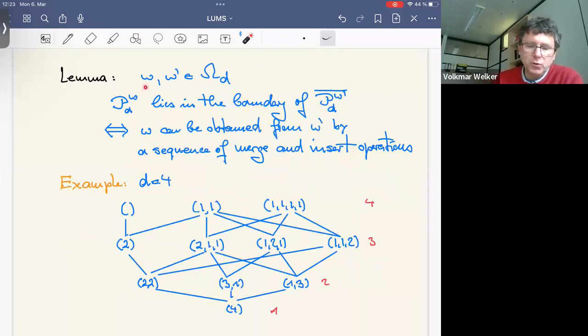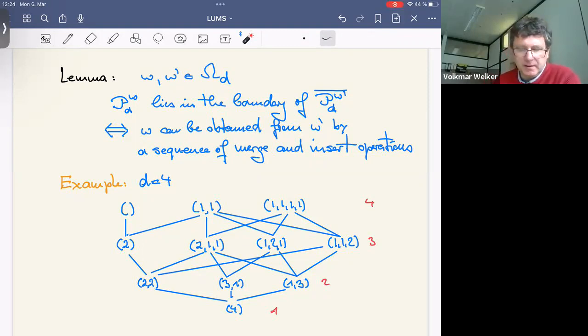So if I have two root multiplicities, then the cell corresponding to the root multiplicity omega lies in the boundary of the closure of the cell corresponding to the root multiplicity omega prime if and only if omega can be obtained from omega prime by a sequence of these merge and insert operations.